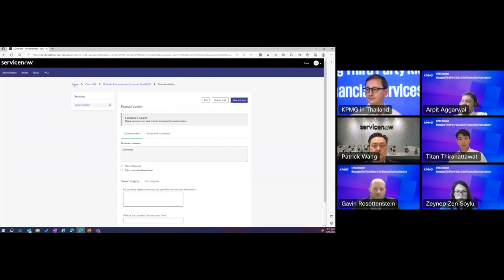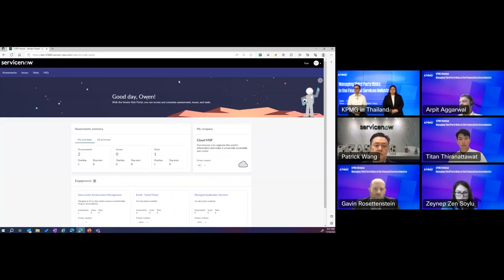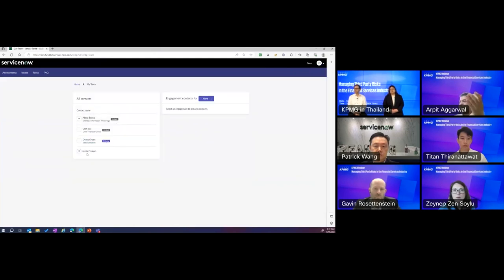So Flo, the platform provides a separate portal altogether, which uses the data from the same platform. However, it's a separate portal. And as a vendor manager, like we mentioned here, Owen, as a person from the vendor, can manage their own teams. From the vendor portal itself, they can quickly click on invite contact and create a new contact.